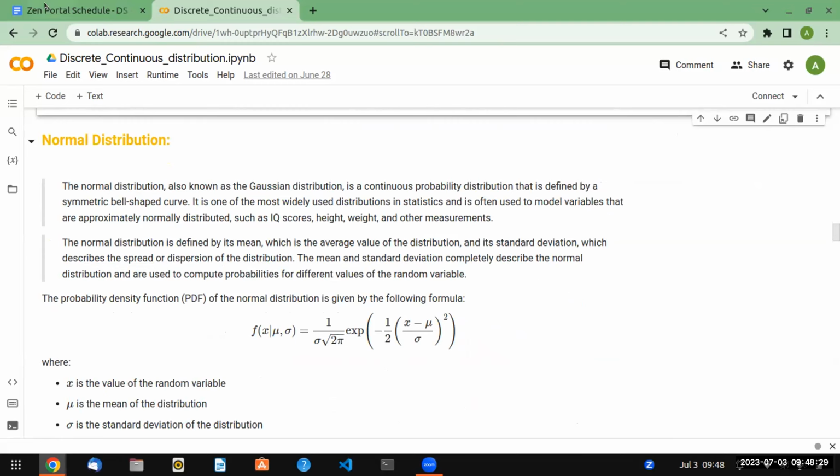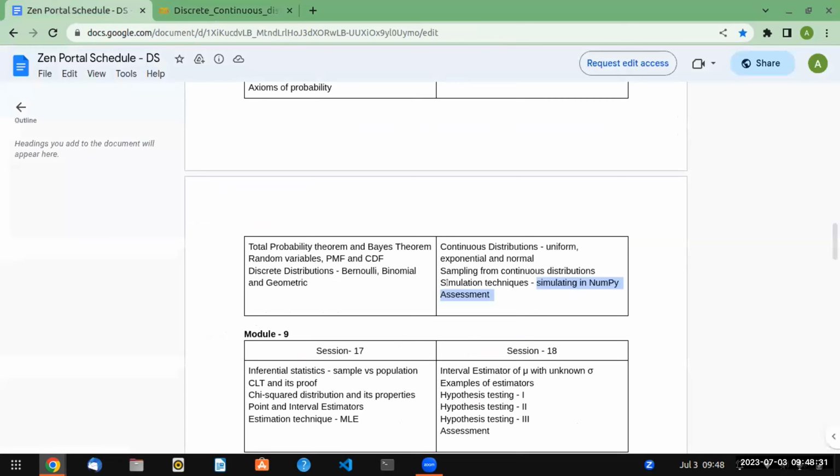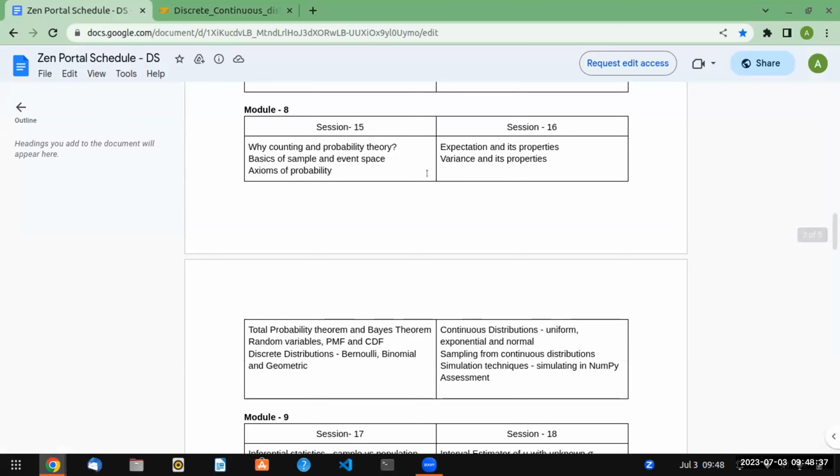First understand what you are learning, then do it. The first part is the discrete distributions that we saw: Bernoulli, binomial, geometric. That session, this expectation, is part of discrete, and then comes continuous distribution.